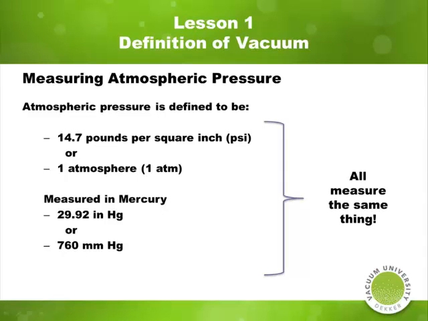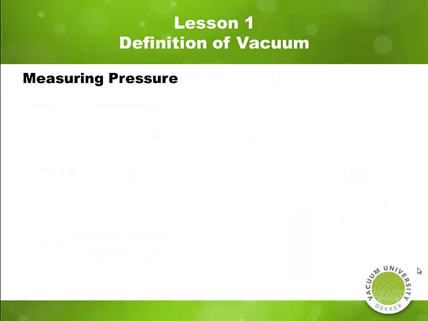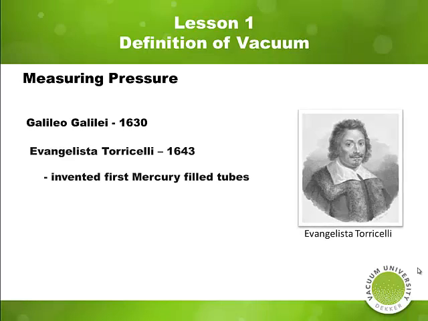The understanding of vacuum and early devices for measuring vacuum has been around for over 400 years. Early in the 17th century, around 1630, Galileo Galilei reported the creation of a partial vacuum formed by withdrawing a piston from a cylinder. But it was a man by the name of Torricelli who invented the first mercury-filled tubes called manometers in 1643.